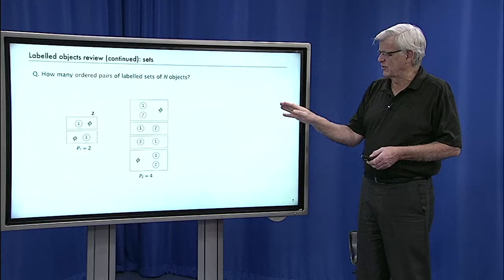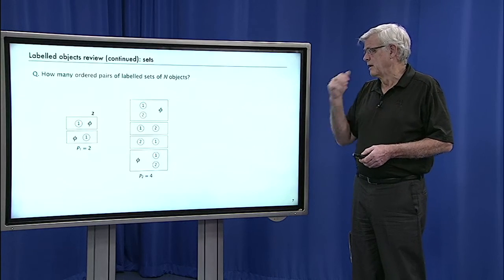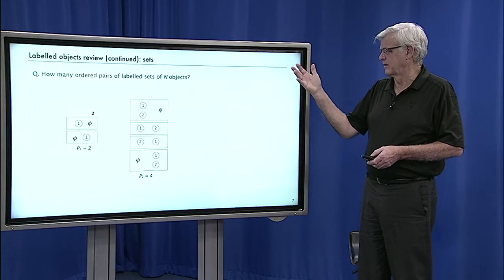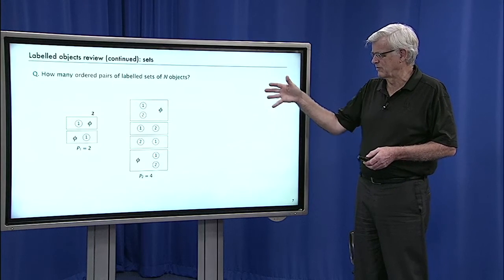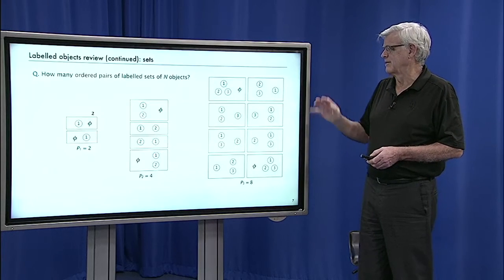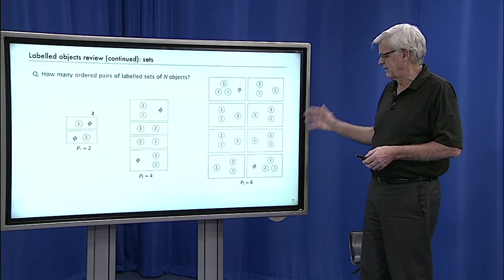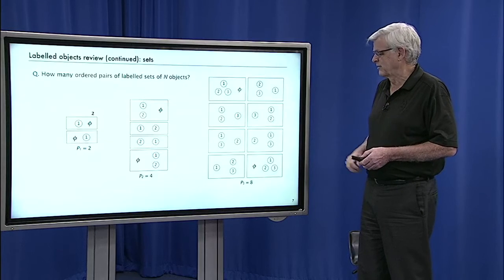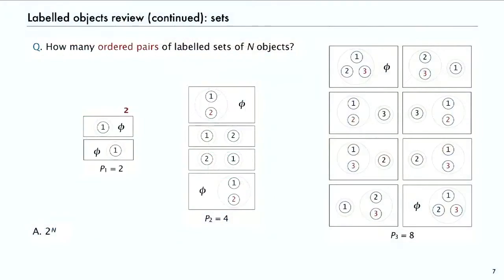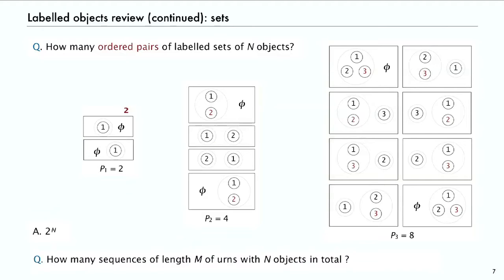So in this case, the ordering of the sets is significant, and then the labeled objects can fall in the sets in these different ways. And so there are 8 different ordered pairs of labeled sets of 3 objects, and you can see the answer is 2 to the n. That's the same as the number of bit strings, and we'll see how that relationship comes through in just a minute.